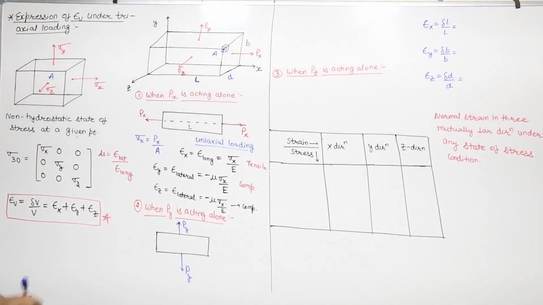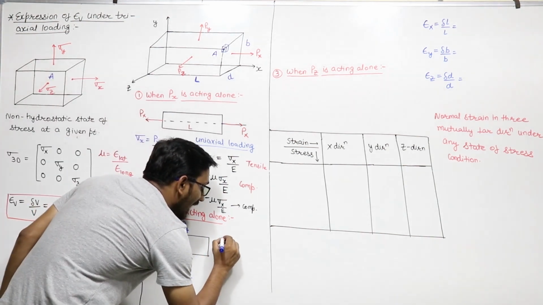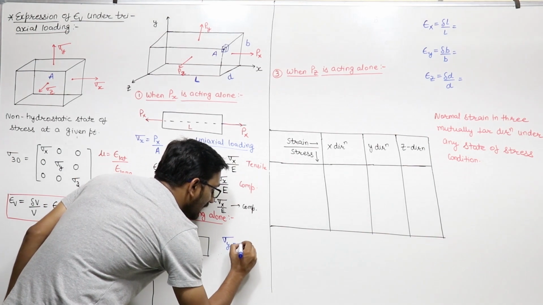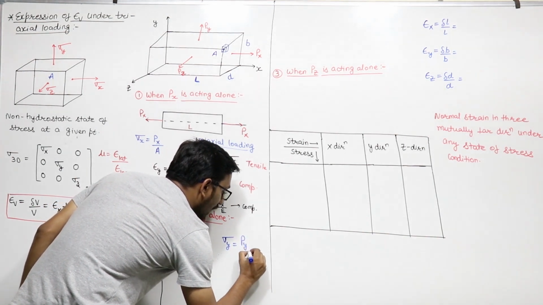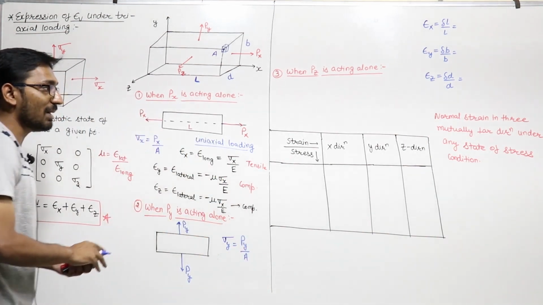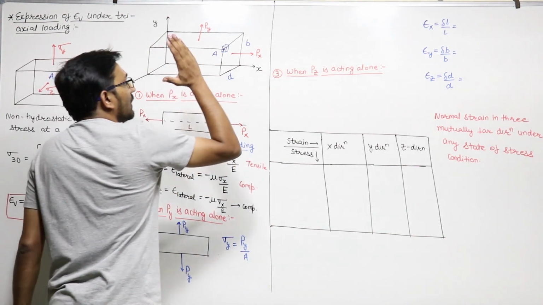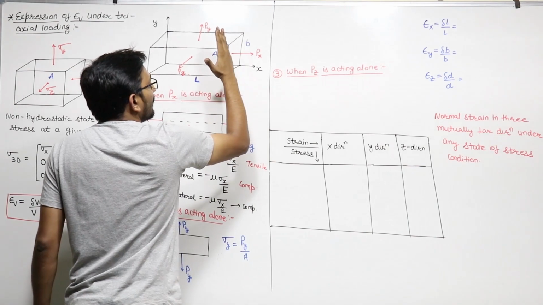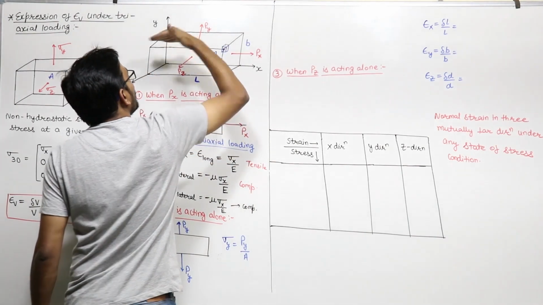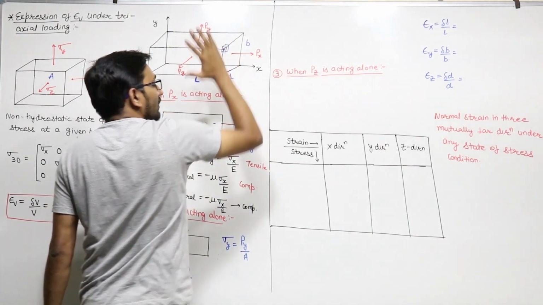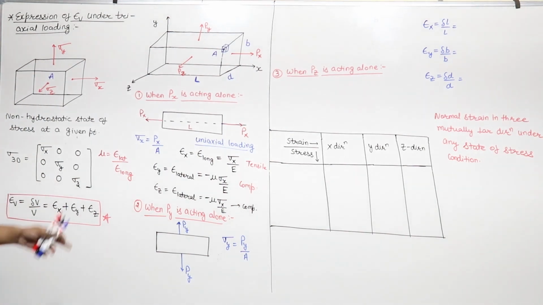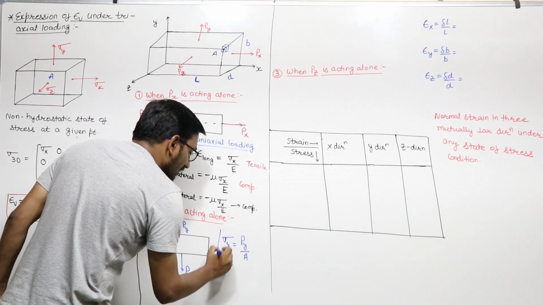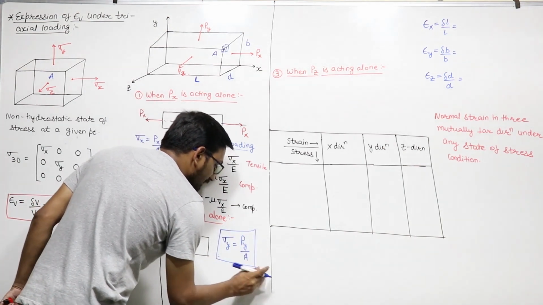If Py is acting alone, we can say that sigma y will be equal to Py upon area. Just remember that sigma x is Px upon the area of this plane, and sigma y will be Py upon the area of this plane, right? Area will depend upon the plane.